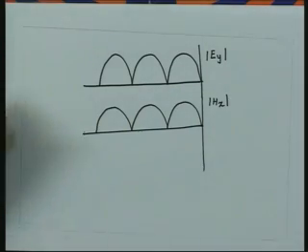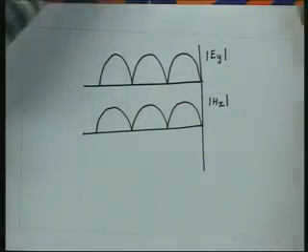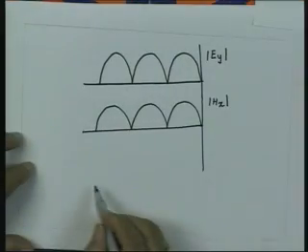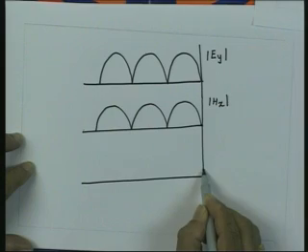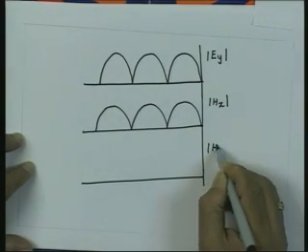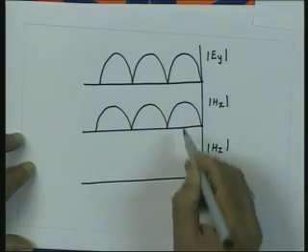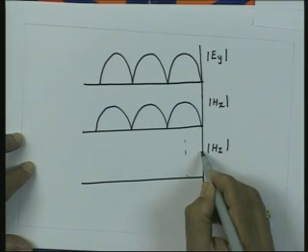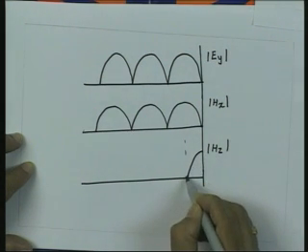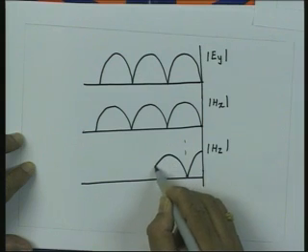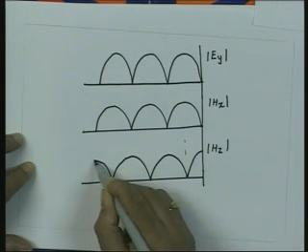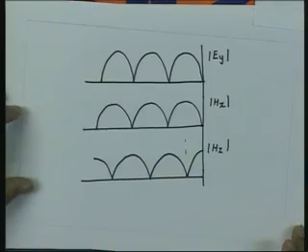Whereas the magnetic field z component is shifted with respect to this, because it is a cos function. So the z component of the magnetic field will start with a maximum, go to 0 here, and so on.